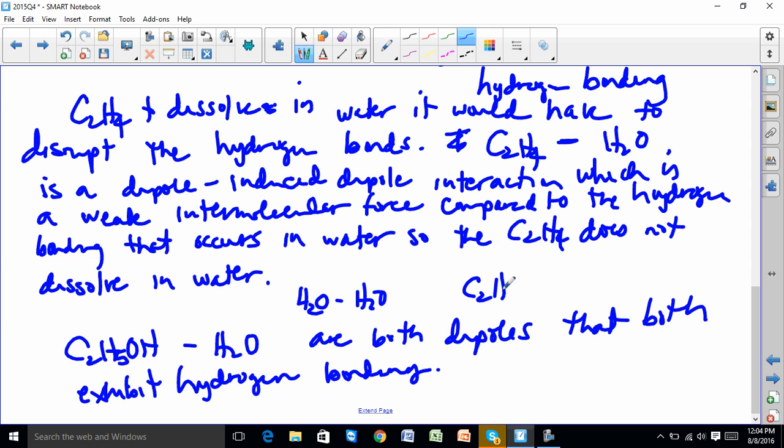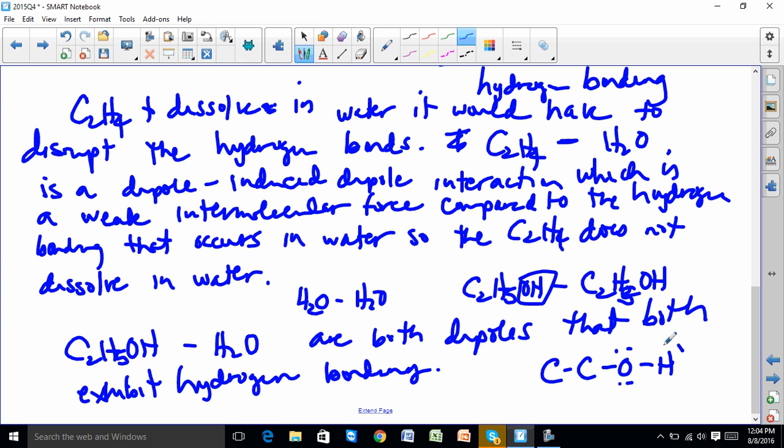There's hydrogen bonding going on between two molecules of ethanol, because you have oxygen connected directly to hydrogen, and that's why they actually had you draw this molecule so that you could see that hydrogen is connected directly to oxygen.